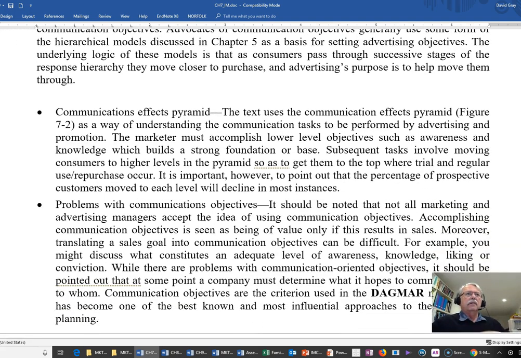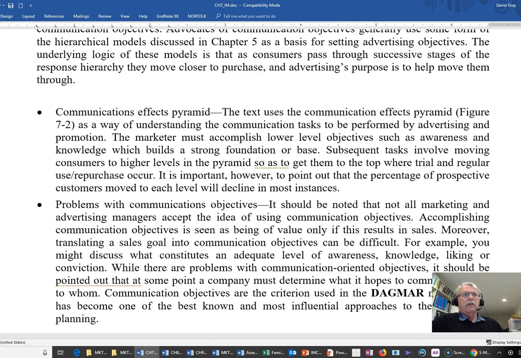And that leads to the discussion of the communication effects pyramid. That's in figure 7.2. Essentially it talks about all of the tasks involved in moving consumers to higher levels in the pyramid to get them to trial and regular use of the product or service, or meet the objective.